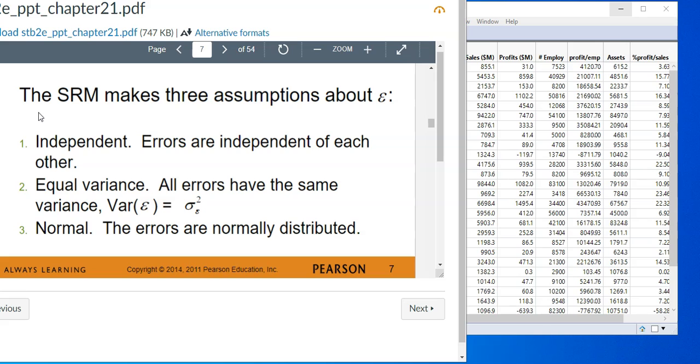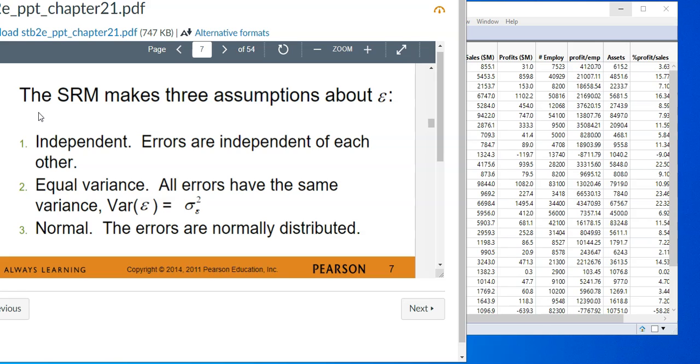So if you want a simple regression model to be reliable, the first three conditions, we also call them assumptions, of the regression model are about the residuals or errors, right? Epsilon.